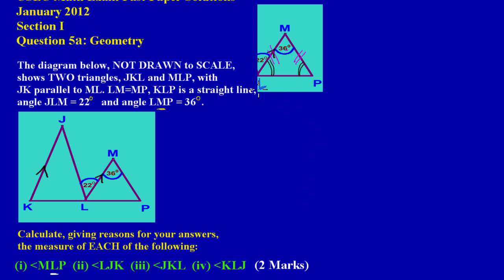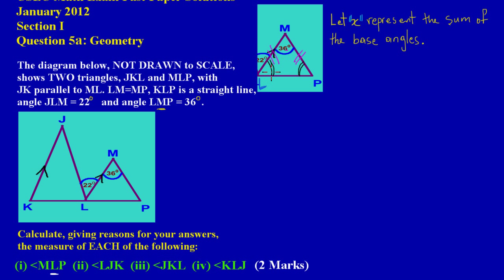So quickly we can calculate the angle MLP. Whenever I am calculating or introducing a variable, I always make a statement. So I have now introduced my variable: let x represent the sum of the base angles.